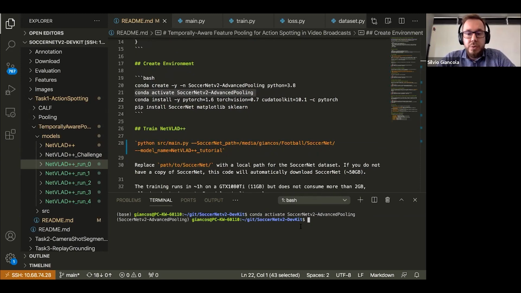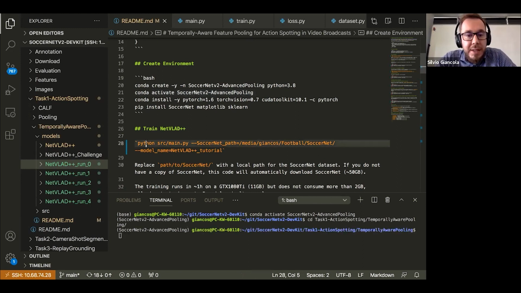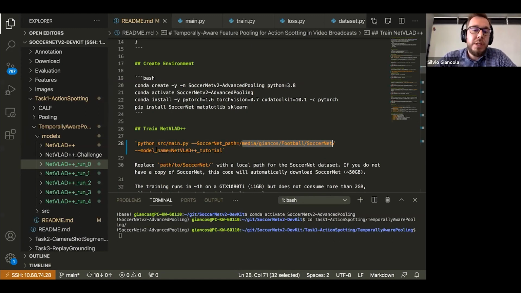Go specifically to the folder of temporally aware pooling, which is in task one, and run that line of code that I already modified to fetch my data of SoccerNet that I already have downloaded locally, and created a specific name for this tutorial, NetVLAD++ tutorial, which would be that model that we'll be training now.